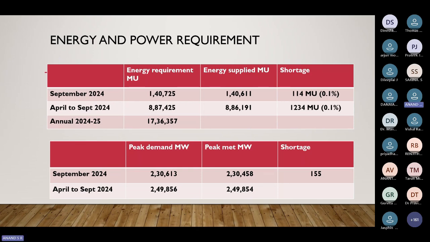And in Kerala, because of the restriction in time, we had almost zero shortage in terms of energy. And for the period from April to September also, we had about 0.1% shortage in terms of energy. So this is the situation.